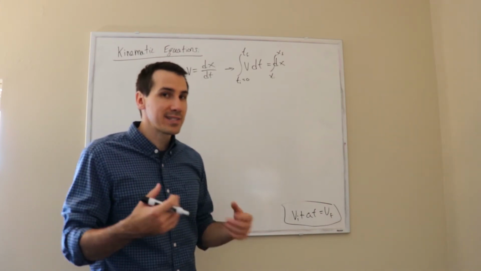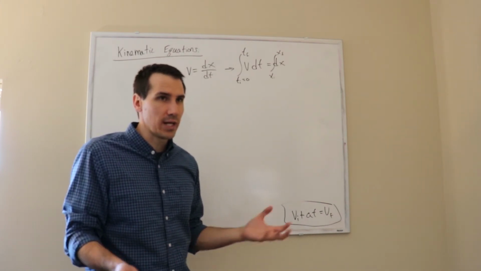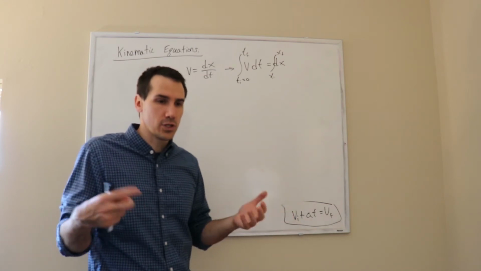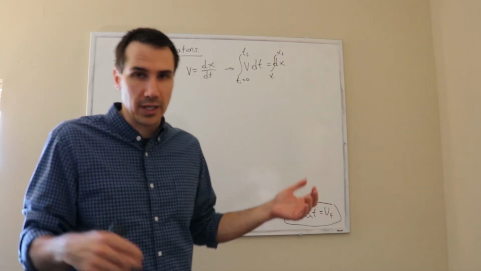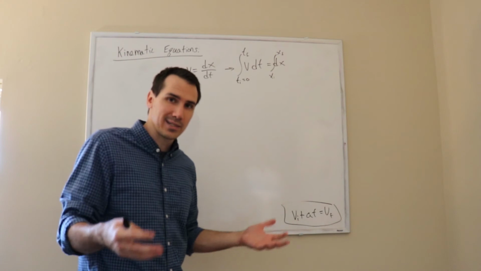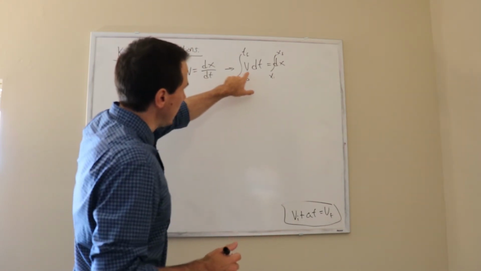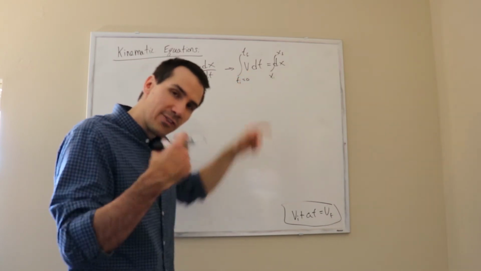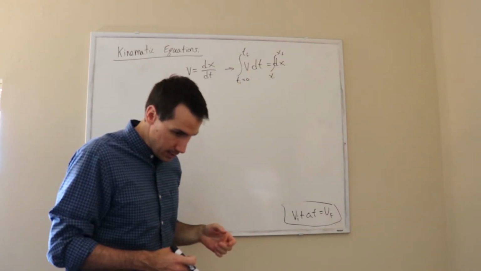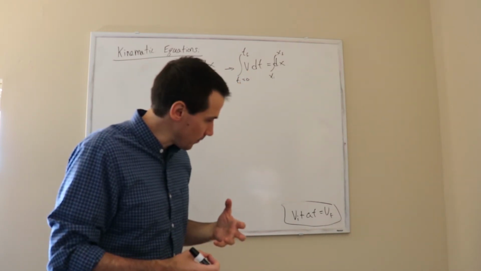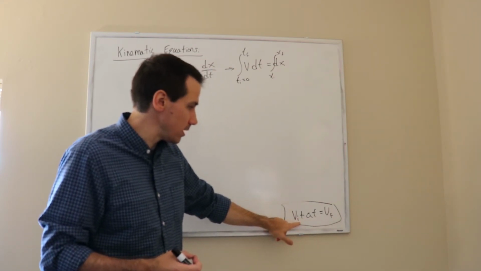We are keeping our acceleration constant, but velocity can change because acceleration by definition is the change in velocity, and we're not requiring acceleration to be 0. So I need to plug in the value of my velocity at any given moment, which is given by this equation here.